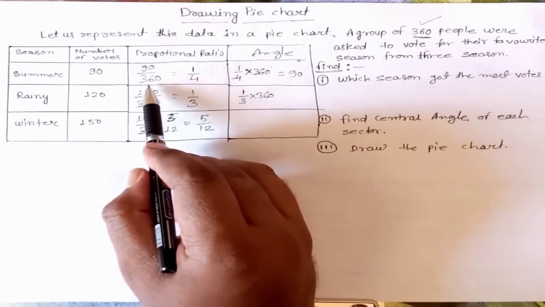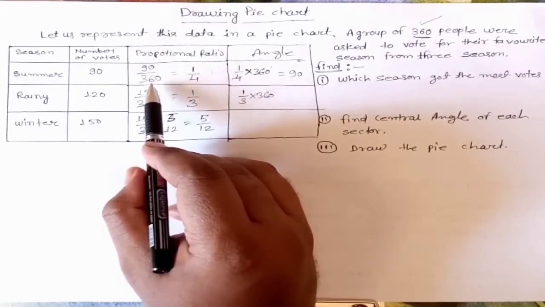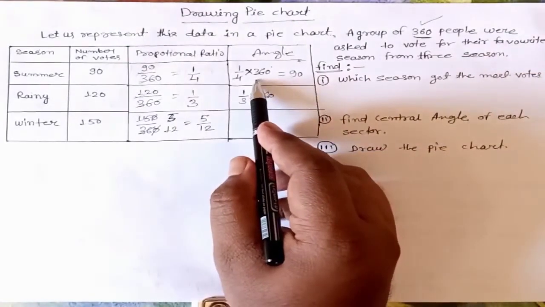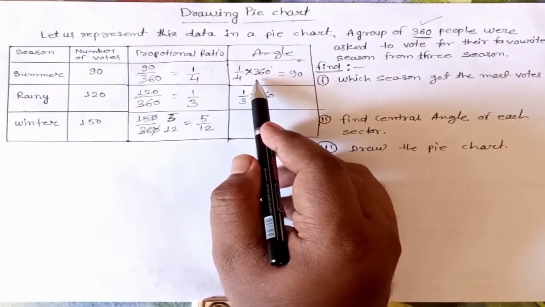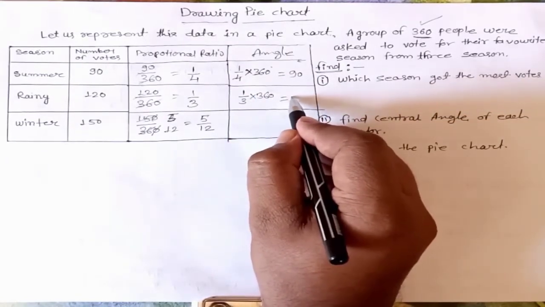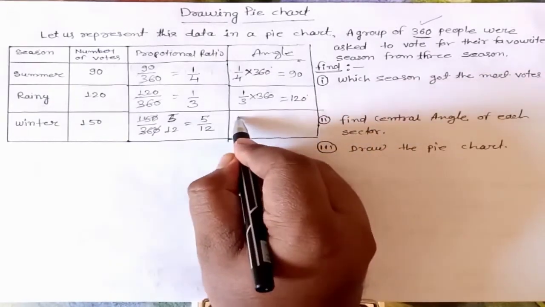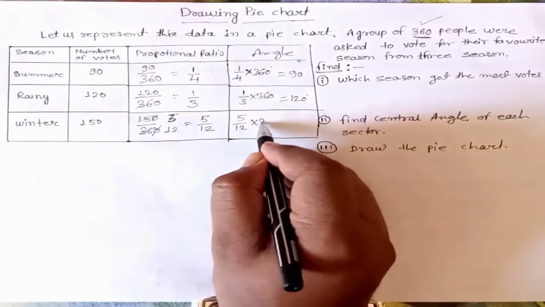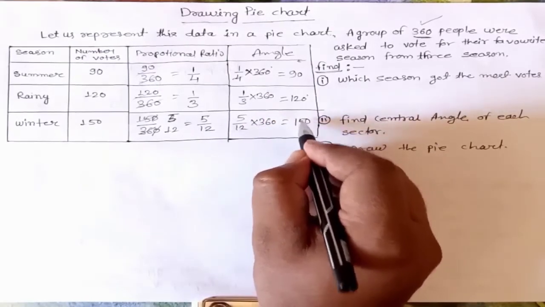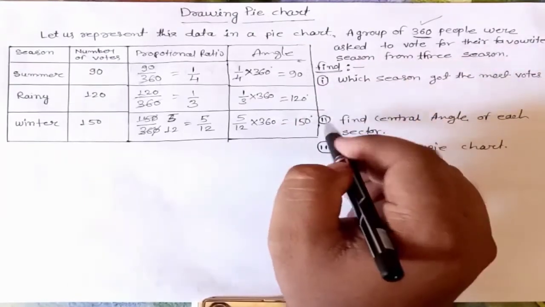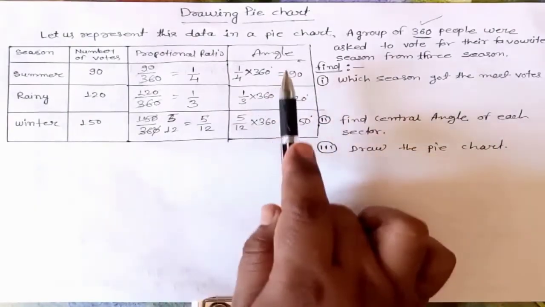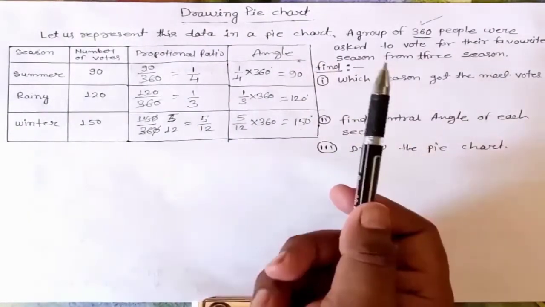This 360 stands for the number of voters, but this 360 stands for the degrees. So dividing it, you will get 120 degrees. Now 5 by 12 multiplied by 360, you will get 150, right? So these are the degrees and this was the votes. Fortunately they are the same, but in the next problem you will get different data, right?